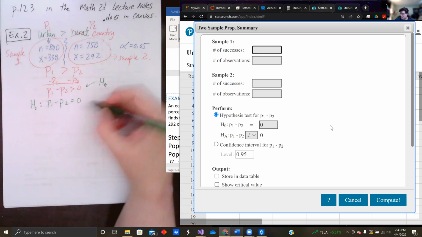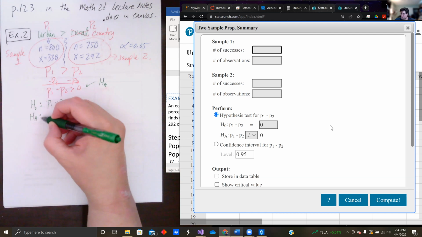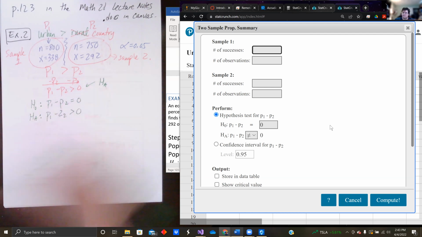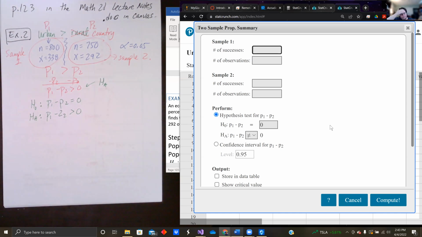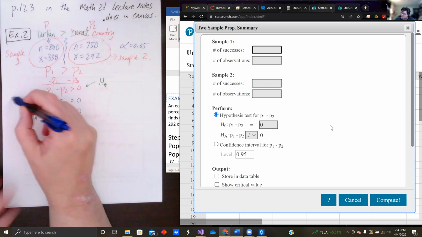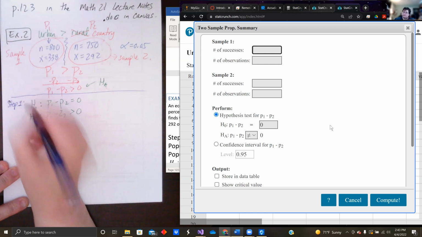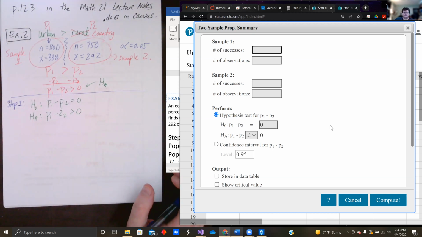I'll rewrite them right here to put them in the correct order. And now I know what I'm looking for, because that's step one in the hypothesis test, right? Identify H naught and HA.